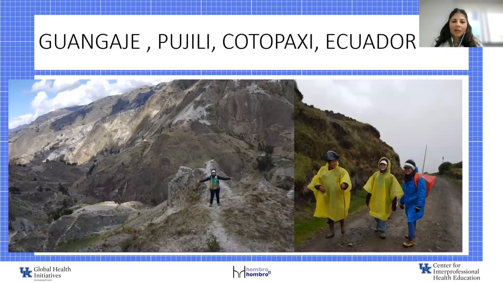Okay, I did my rural year in a parish called Guangaje. It's located in the middle of the mountain range, and is also a destination of the brigades that Timmy Global Health organizes in Ecuador. Guangaje has a very cold climate, and the temperature can drop to minus 2 degrees Celsius or 28.4 Fahrenheit.